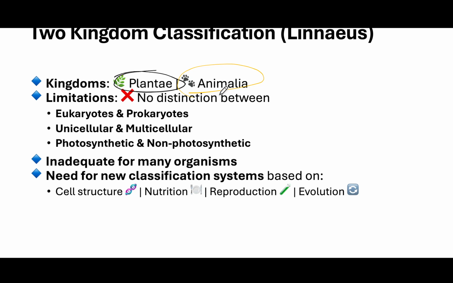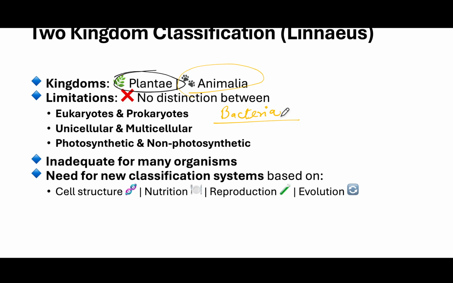If we classify all organisms as plant and animal, then what about single-celled organisms? Let's say bacteria. Is it a plant or animal? How do we classify it? Again, single-celled eukaryotic organisms, how can we classify them?